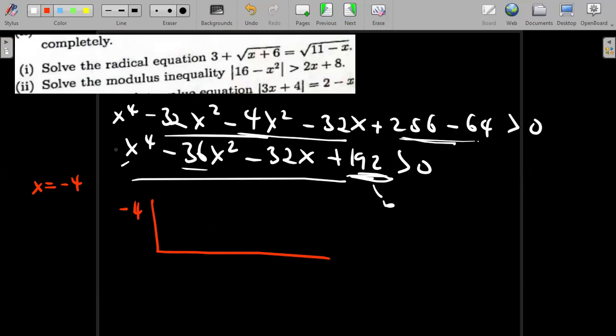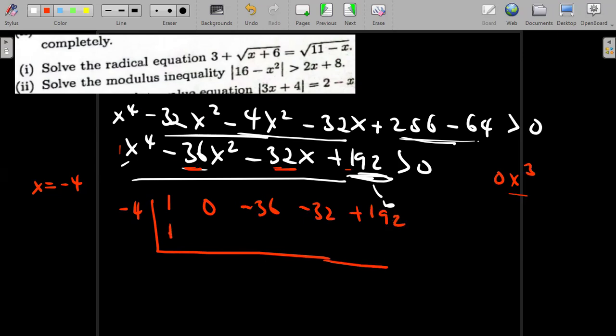Then I'll get the coefficients of these terms, including the one which is not there, which is 0x to the power 3, because I'm reducing it to x to the power 3. So for x to the power 4, this one is 1. Then it will be 0. Then negative 36. Then negative 32. And then the constant there is 192.